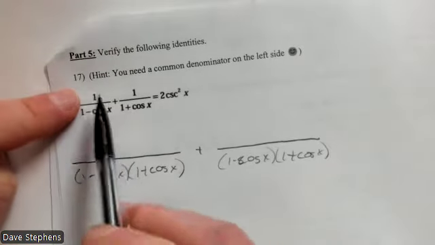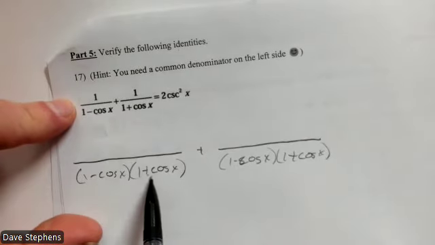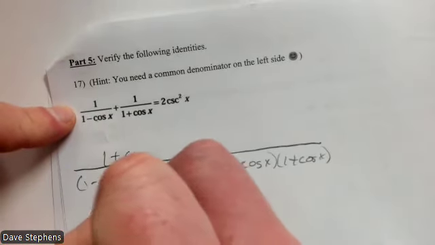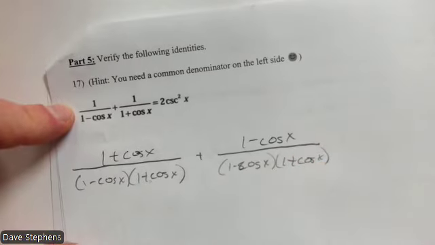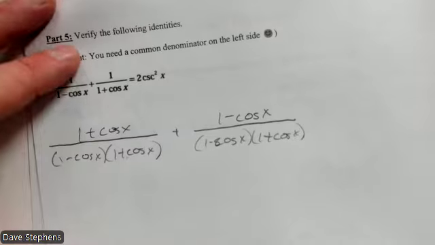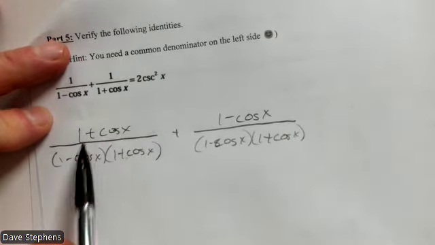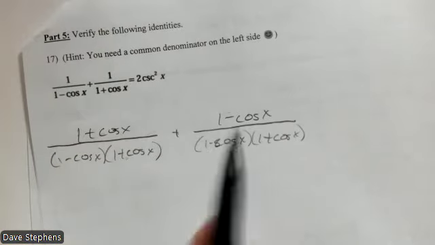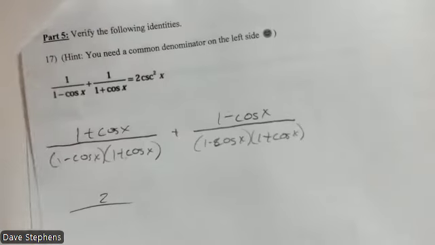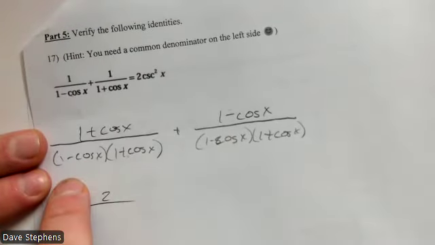So in my numerator I've gained 1 plus cosine x over here, and I've gained 1 minus cosine x over there. When we add those together, the cosines cancel, and we end up with 2 over the common denominator.